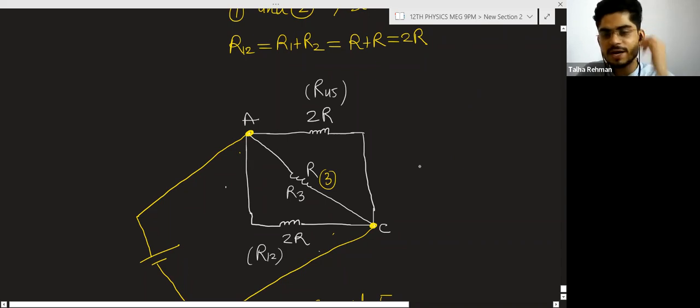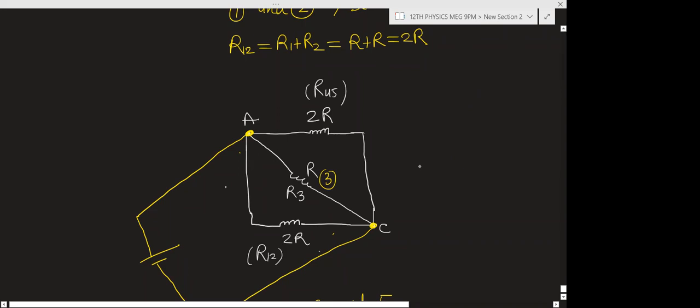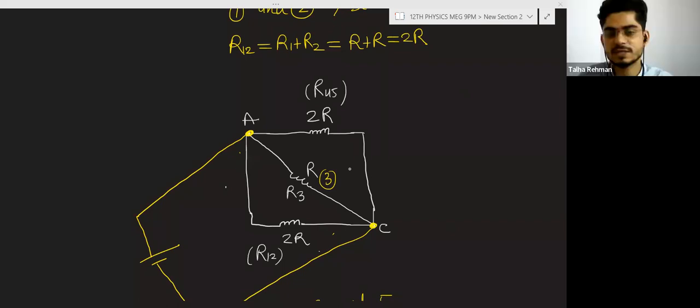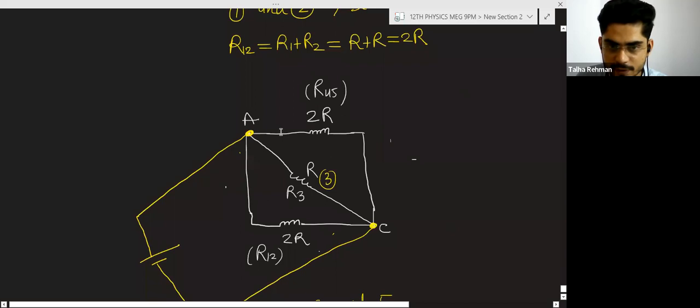Are they connected end to end? Hamza? Yes. These resistances are connected end to end. See this. One end of this resistance, another end of this resistance, another end of this resistance. At this end, one end of this resistance, one end of this resistance, one end of this.